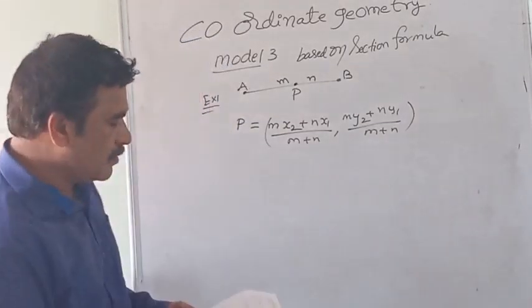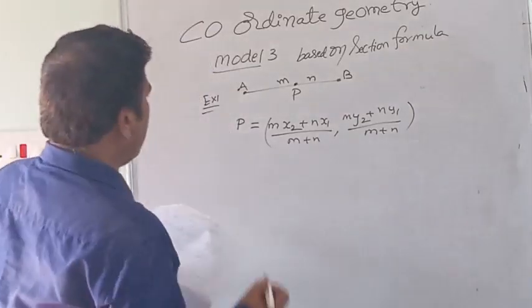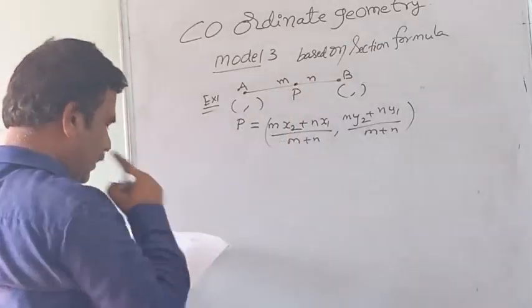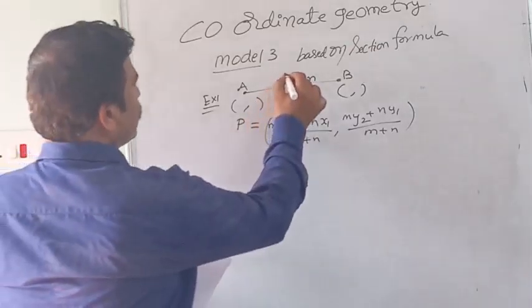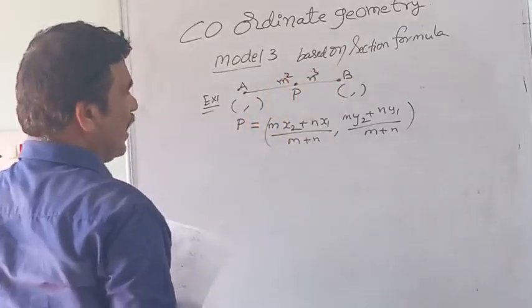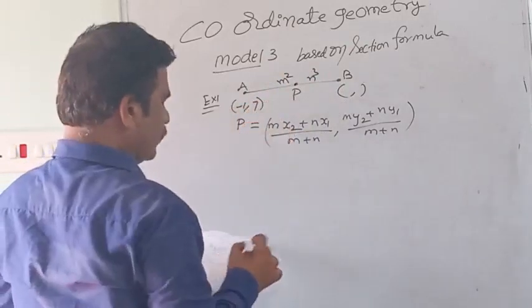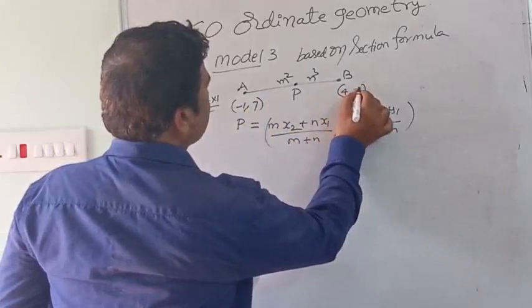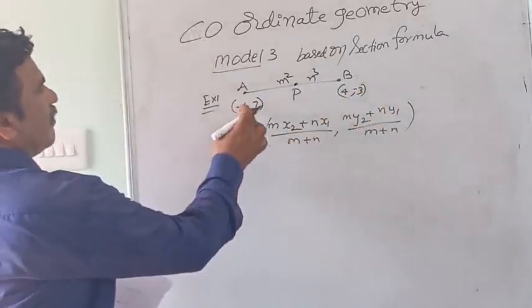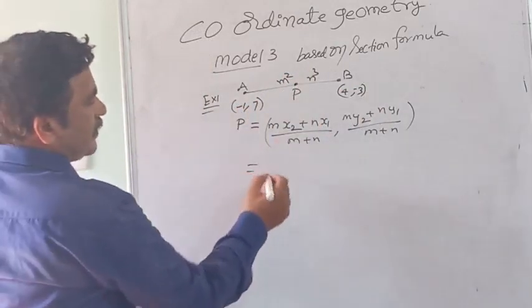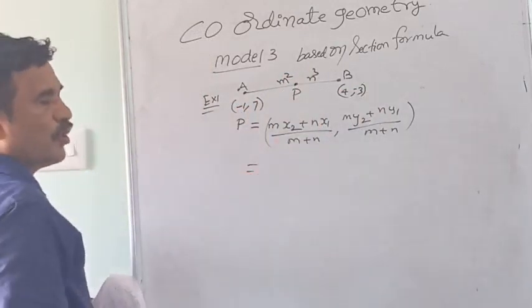Coming to problems, see example 1. He gives these points. He gives this ratio, like ratio is 2, 3, m and n. Points are -1, -6 and 4, 7. This is x1 y1, this is x2 y2, this is m is 2, n is 3. Substitute, just substitution only.